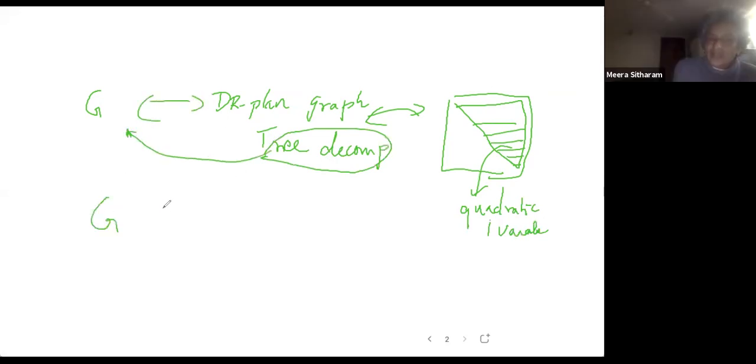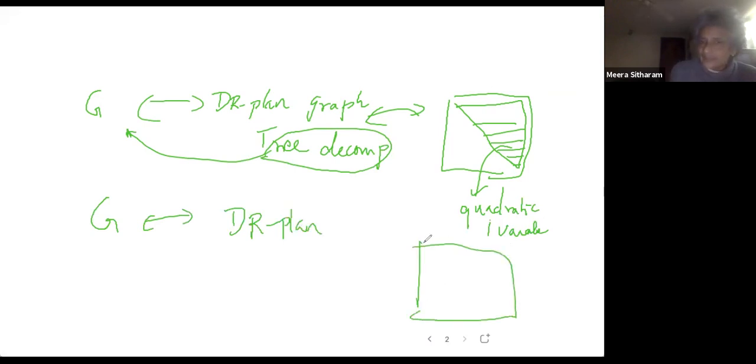If the graph is not tree decomposable, we are struggling, but we have managed to now define a DR plan. But the corresponding thing that it gives you will look like this. At each stage you're solving not just one quadratic in one variable, but many equations.